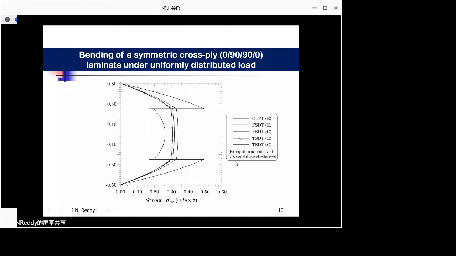So let me explain what these curves are here. The classical plate theory cannot give you any shear stress at all unless you go and use 3D elasticity equations to back out the shear stress in the classical plate theory. And that is what we call through equilibrium.